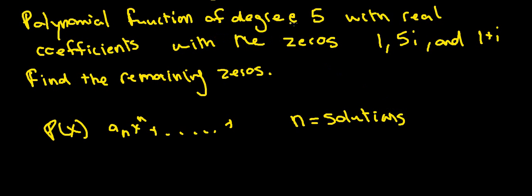So here we have a polynomial of degree 5, so we're going to have 5 zeros. And we're already given 3 of them.